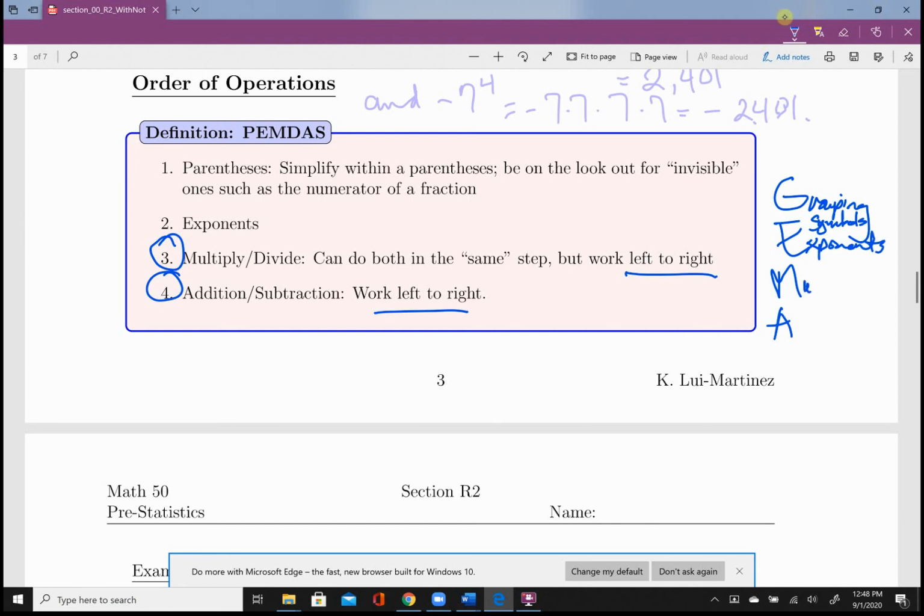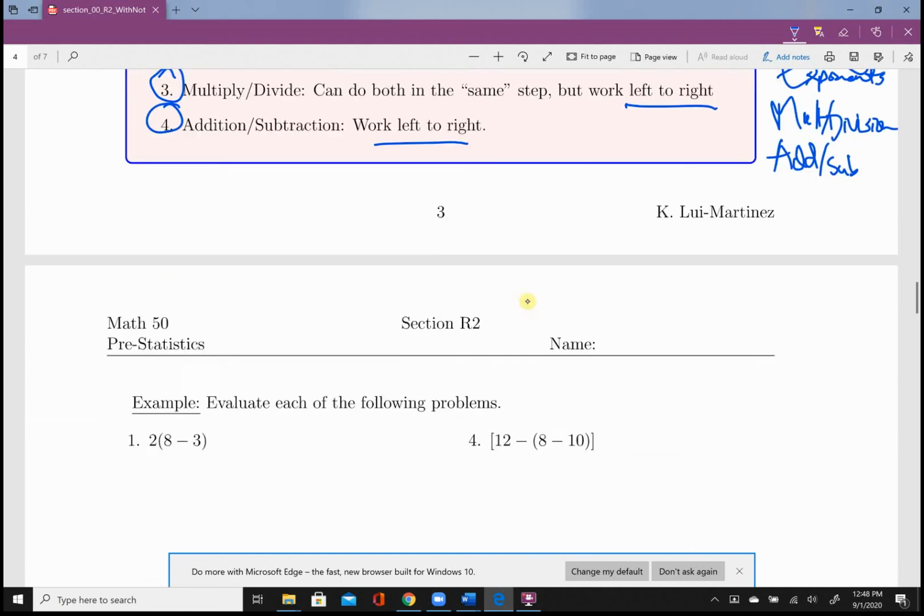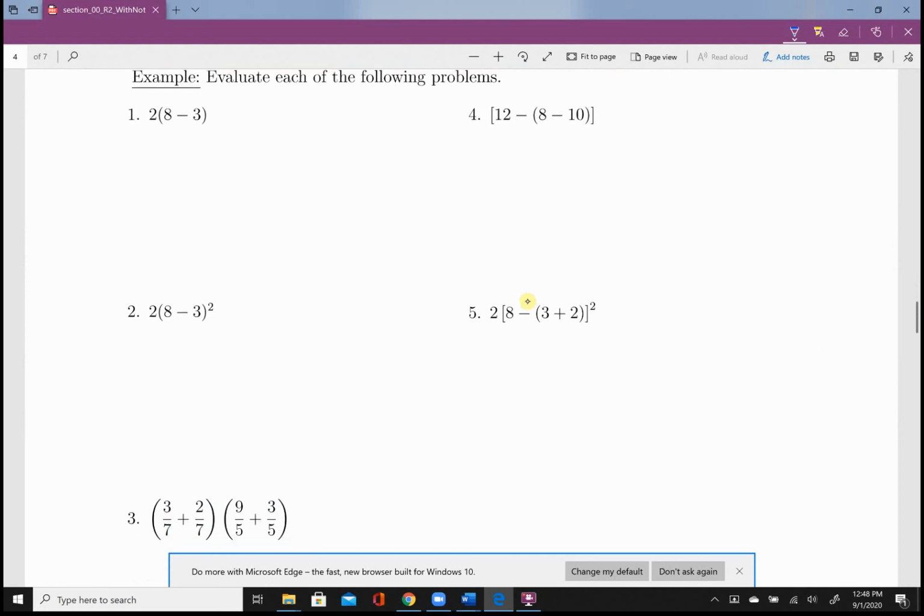M is multiplication and division. There's no separate letter to indicate that they are on the same tier, whichever comes first from left to right. And then A is addition and subtraction. Again, whichever comes first from left to right. Cool. So let's keep this in mind as we tackle the next series of examples here.